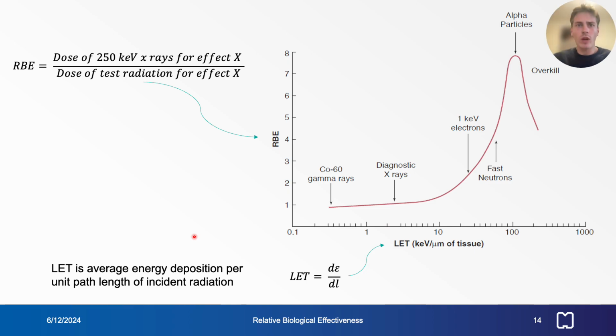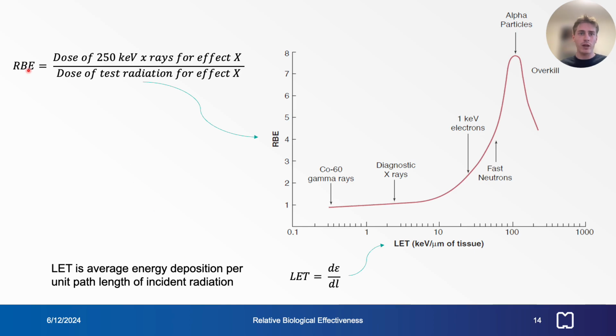Now, we know that the biological effect of radiation depends on dose rate, environmental conditions at time of radiation, and the radiosensitivity of a biological system. But the biological effect also depends on the spatial distribution of energy deposition at the molecular level.